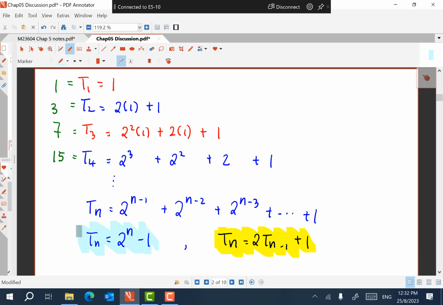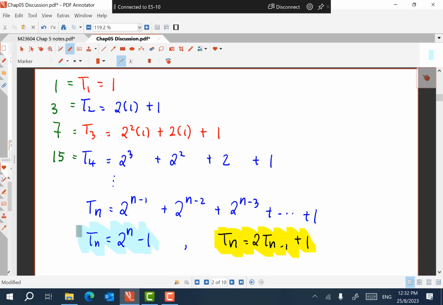Now, what happened in the solution is like what you do in your computer science studies, when you encounter questions that have iterations, you will try to write down a pattern, and from there you try to solve it like what we have done here. Alternatively, there's another way to go about it.